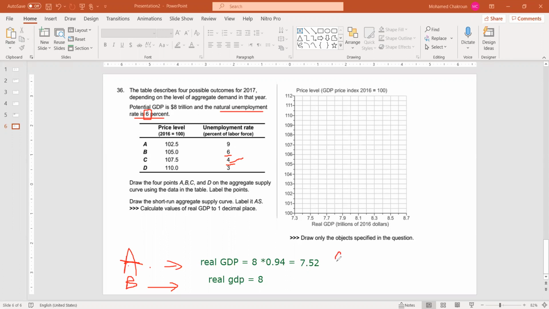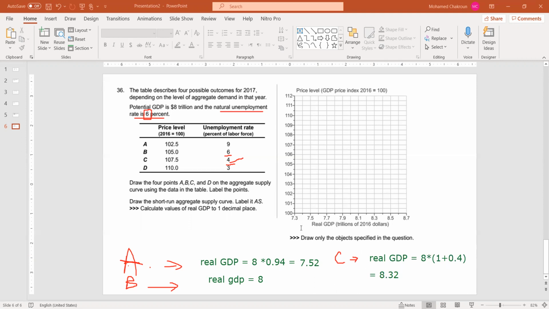So at point C, real GDP will be equal to 8 times 1 plus 0.4, 8 times 1.04, which is equal to 8.32.